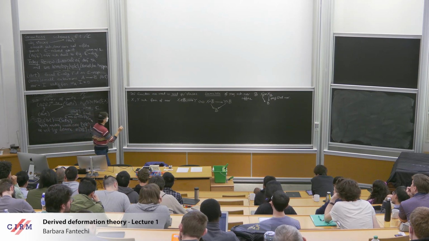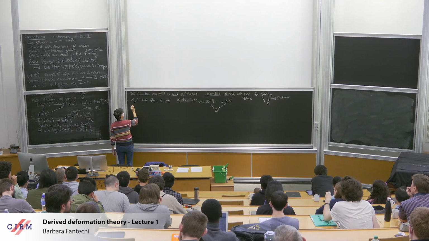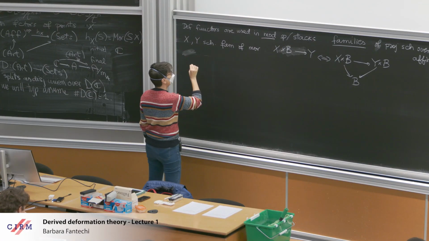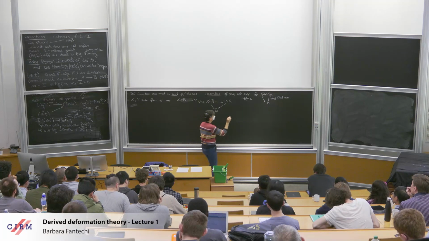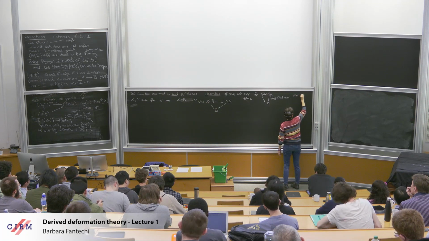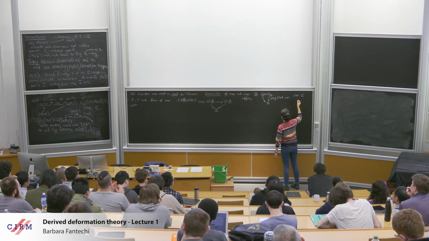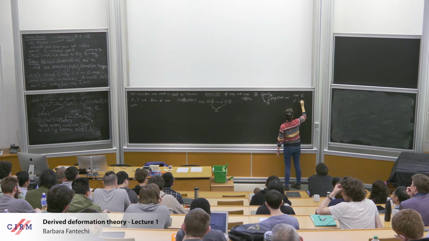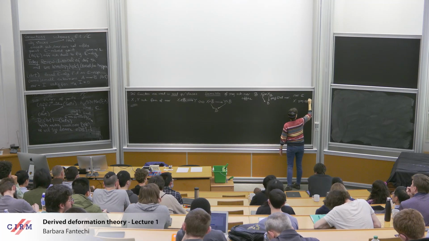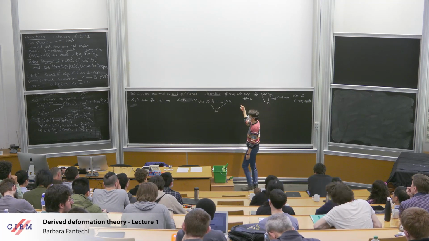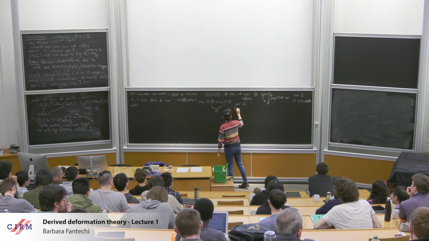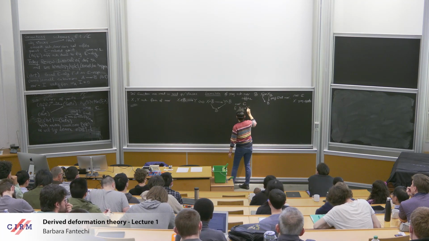And so if I fix what is a point, what is a family over C, or Spec C, this is just X, a projective variety or a scheme. And here over C, a point, this is just a map f from X to Y.